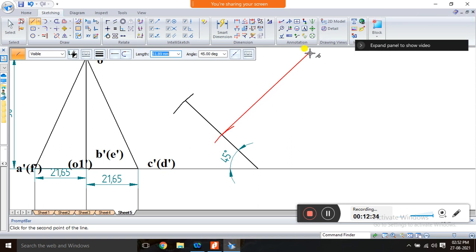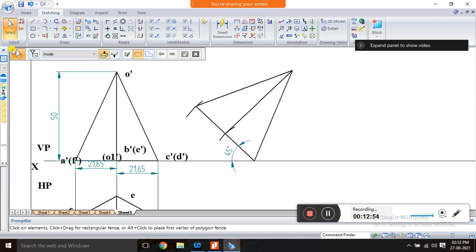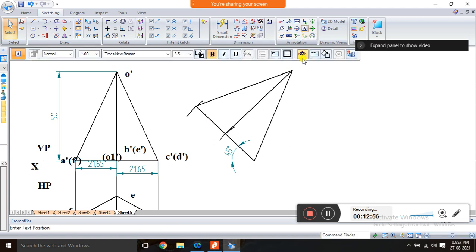That angle should be exactly perpendicular. Draw a line and its length should be 50, placed here. And after that, from this edge join another edge, and from this edge join another edge, and give the usual naming.